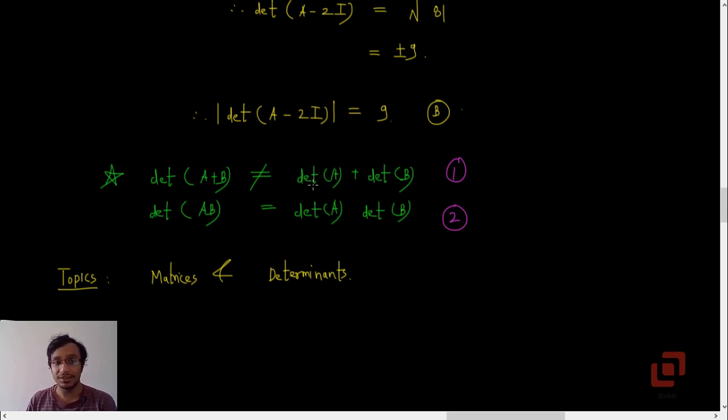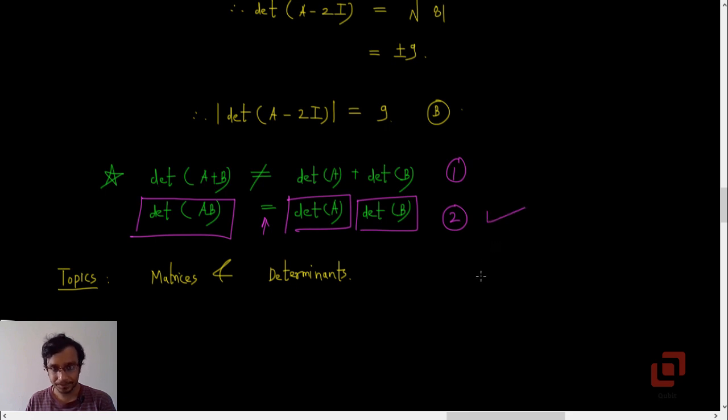That is not always right. Just like matrix multiplication is not always commutative, the determinant of A plus B is not always equal to the determinant of A plus the determinant of B, but the determinant of the product is equal to the product of the individual determinants. And it is the second property that we have used here in this particular sum.